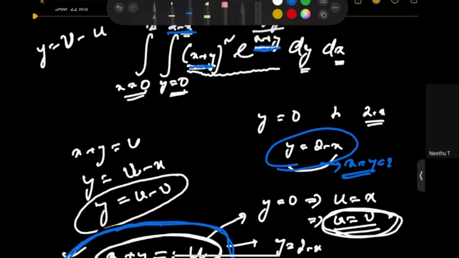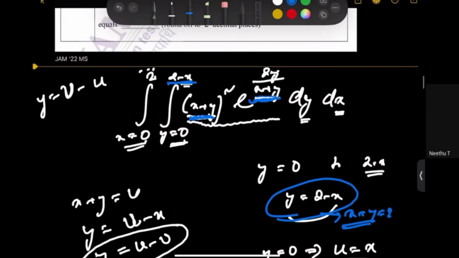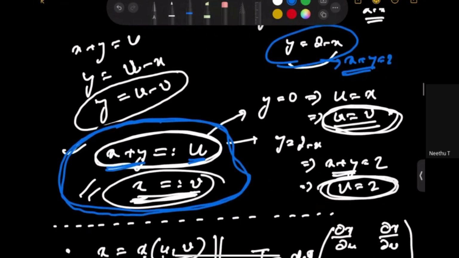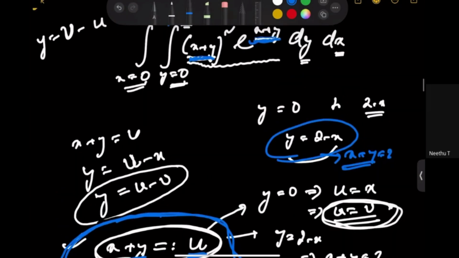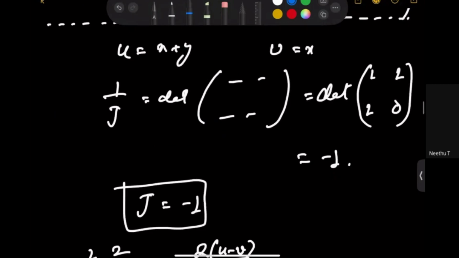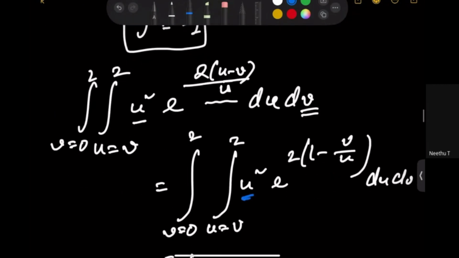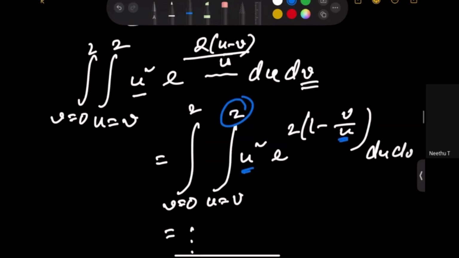So x plus y happens to come out repeatedly. Do you see that one? Yes, sir. So there is one clue why we use this x plus y to change it into some new variable u, so that you can make use of all the things that we have got so far and then solve the problem. If you see this, all this substitution helped us in solving the problem. Are you following? Yes, sir.